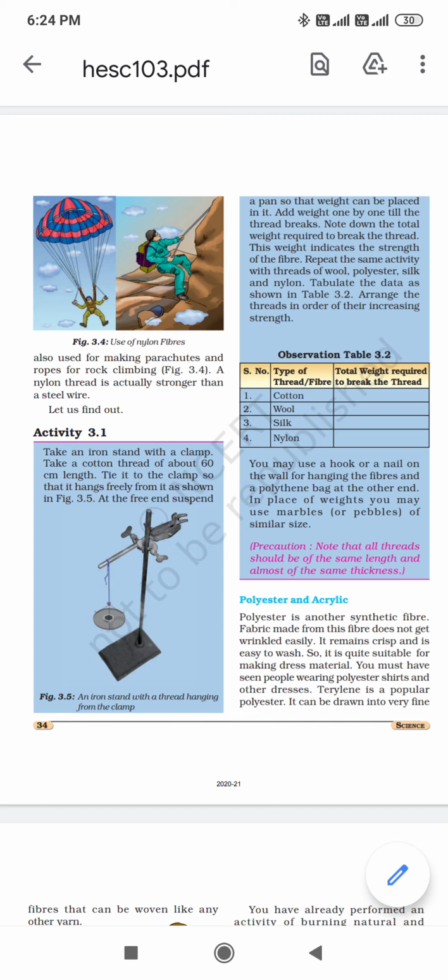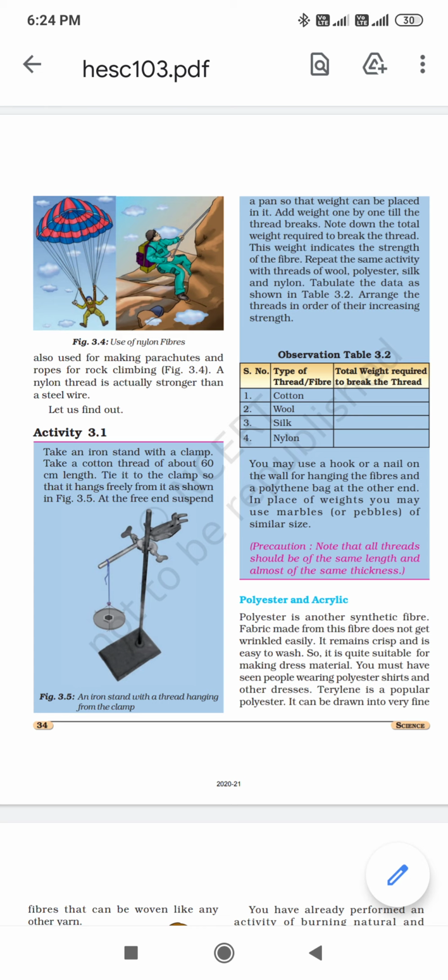Now at the free end, suspend a pan so that weight can be placed in it, and add weight one by one till the thread breaks. Now note down the total weight required to break the thread, and this weight indicates the strength of the fiber.